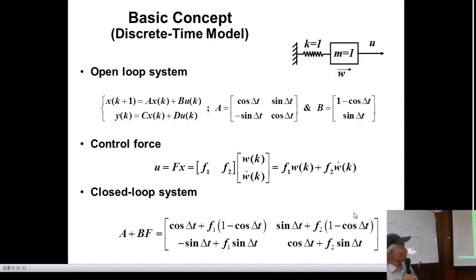This is my closed loop state matrix. And this closed loop state matrix has F1 and F2 that are to be determined. Any questions? Maybe I jumped too quick. A is here. B is here. Times F. F is F1 and F2. Any question about this? No? Yes?